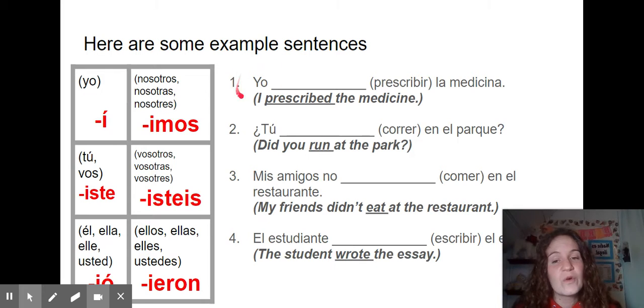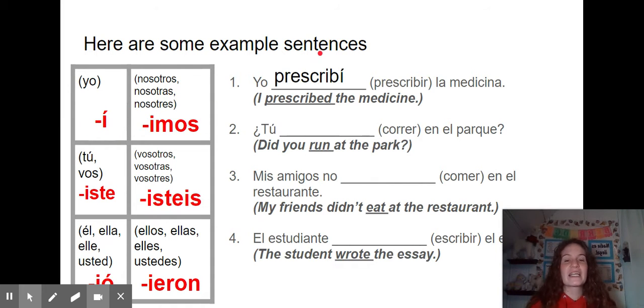And yo form, yo is my subject, so I need my verb to end in í with an accent mark. So that would be prescribí, which means I prescribed the medicine. Yo prescribí la medicina.